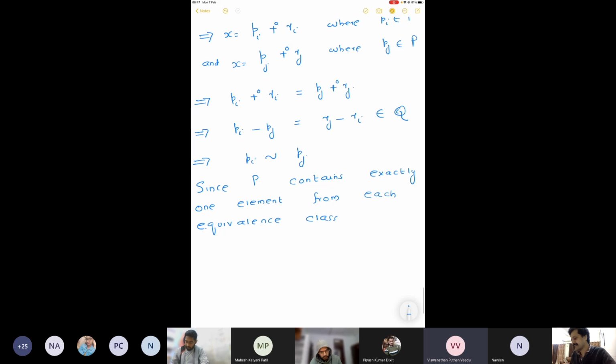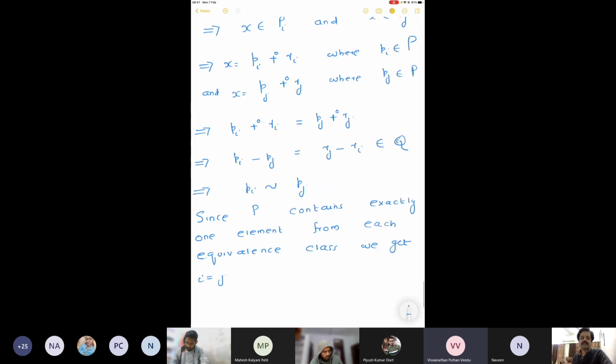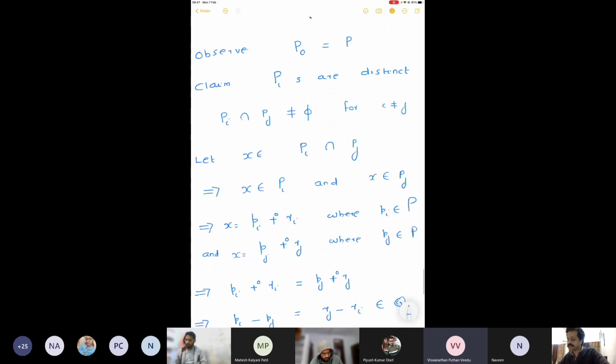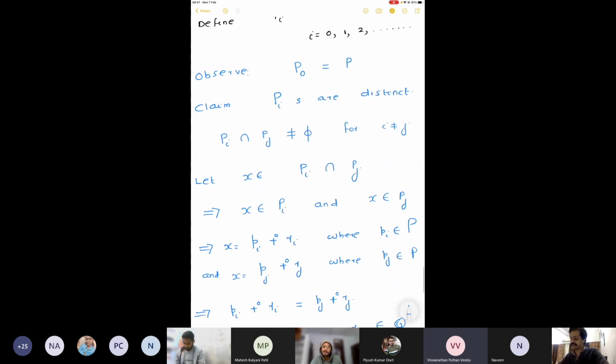We get i equal to j. Thus, you cannot find a common element x if i is not equal to j. So that proves that the Pi's are distinct.